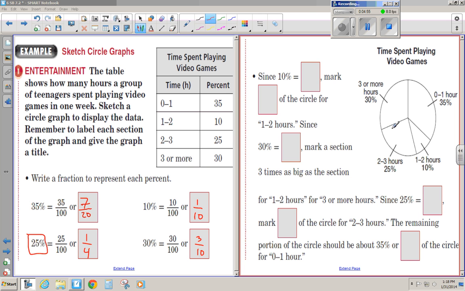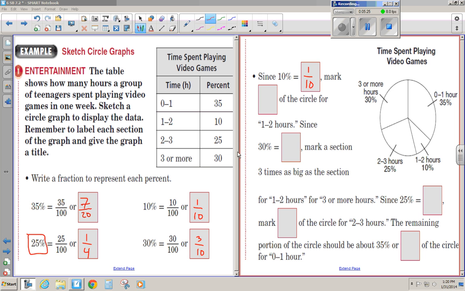All right, so here is a graph. It's already sliced up for you. And you can pretty much tell that the smallest portion of this, since 10% is equal to 1/10, all right, we're not going to quite do this in order.